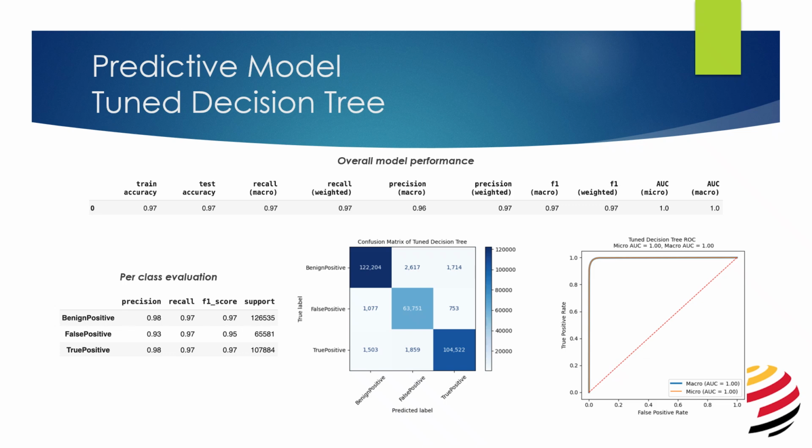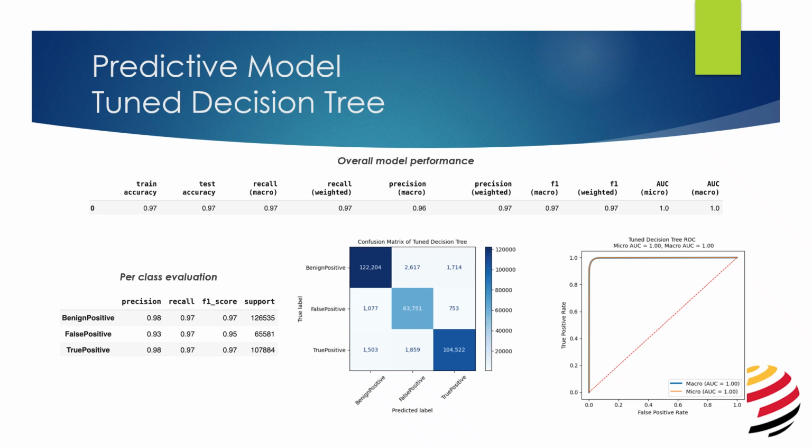Now we are looking at the tuned decision tree. Test accuracy is 97%, with precision, recall, and F1 all at 97% across classes. The confusion matrix shows slightly more errors than the default tree, especially a few hundred extra misclassifications of benign positive and true positive into other labels. Yet the ROC remains perfect, with micro and macro AUC of 1.00.